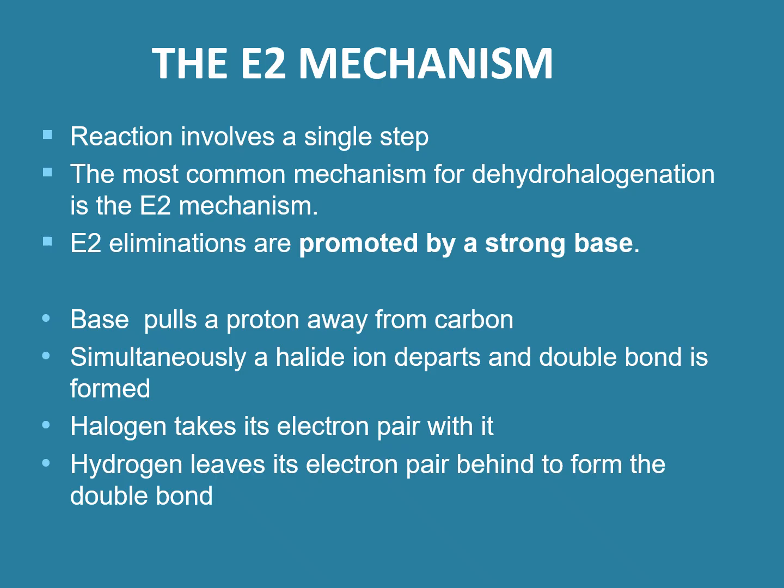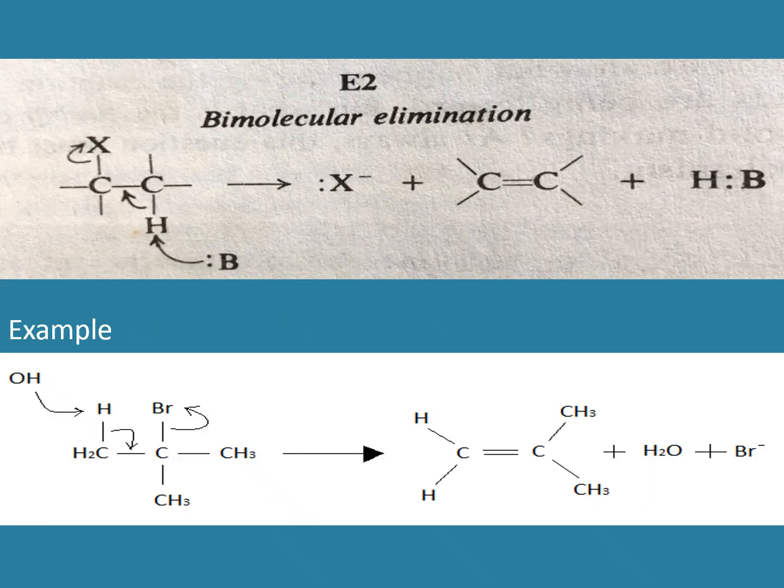All these reactions, that means the abstraction of the proton and expulsion of the halide ion, will take place in a single step, that means via a single transition state. So this is the representation of the E2 elimination reaction.